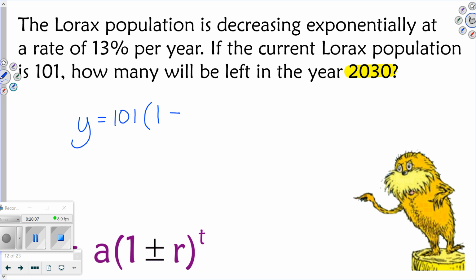Minus. 13% will be written as 0.13. Good. And then time. How many years is it from now until 2030? That is 11 years. So 101, then 1 minus 0.13 to the 11th power.